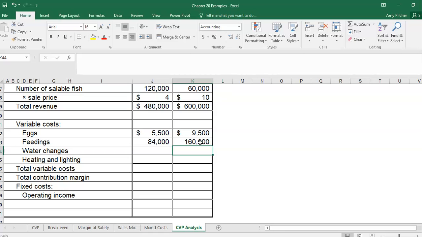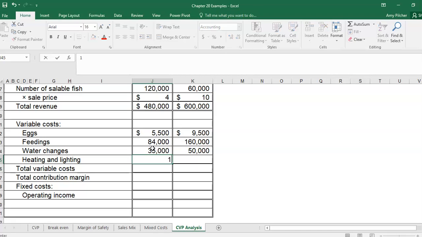Our water changes are going to decrease. Now we only need 1 a week for angelfish. So we have 50 weeks times $1,000 per water change. And we have 35 times $1,000 for water changes.